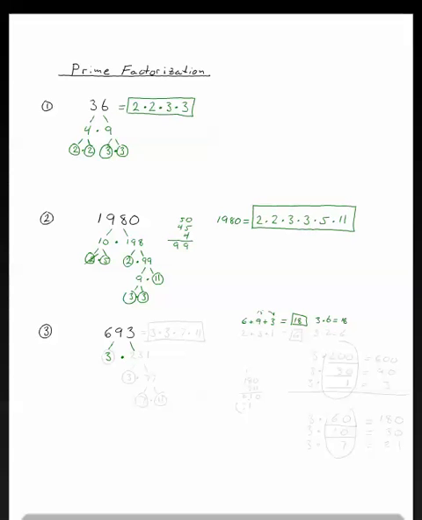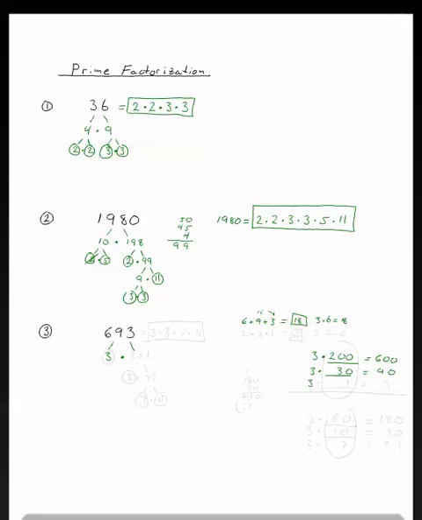All right, let's break it down. 3 times something will give me 600. 3 times 2 is 6, so 3 times 200 is 600. Then 3 times something will give me my 90, and 3 times 30 will give me 90.